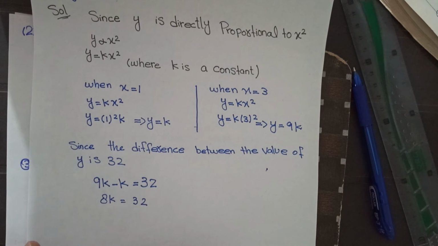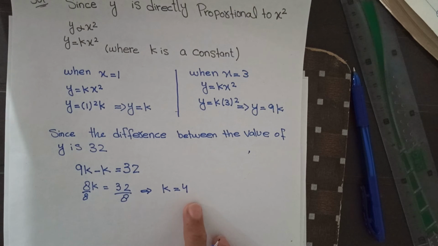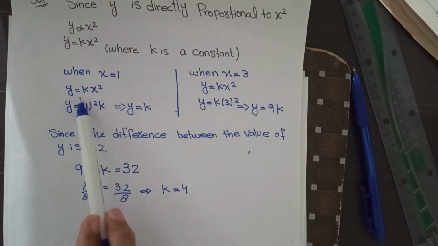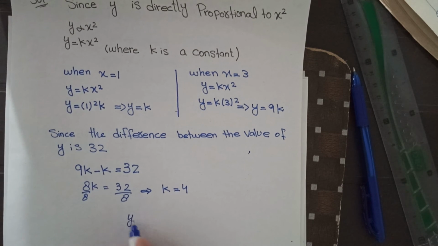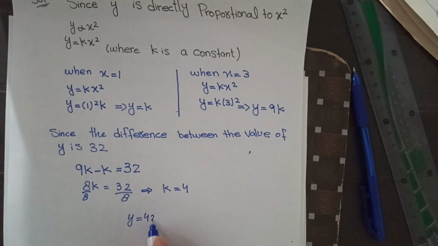To find the value of k, we will divide by 8 on both sides. It will be k is equal to 4. Now put the value of k in that equation. y is equal to k x square. It will be y is equal to 4x square.